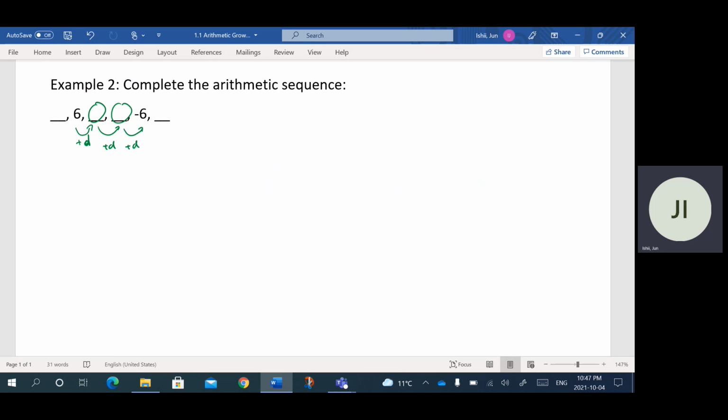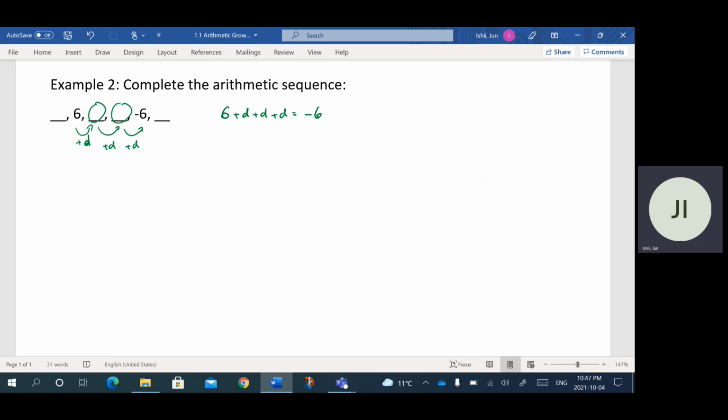We can actually develop an equation just by looking at what we just wrote out. If I start at 6 and add d, I get here, add d again, I get there, add d again, I get to -6. So if I translate that into an equation, I start with 6, add the common difference three times, and it will take me to -6.